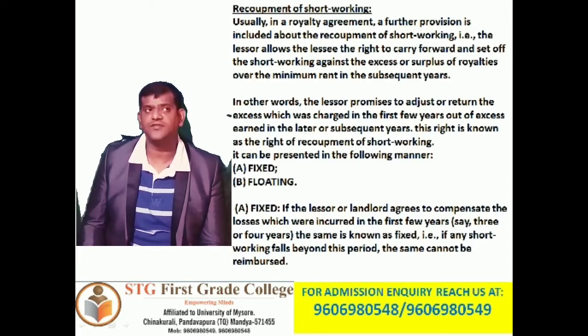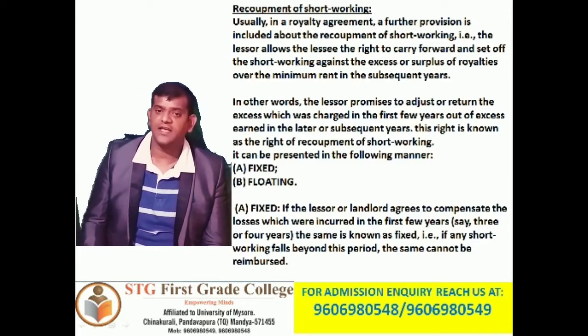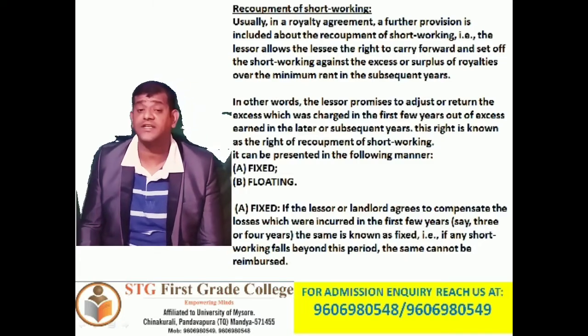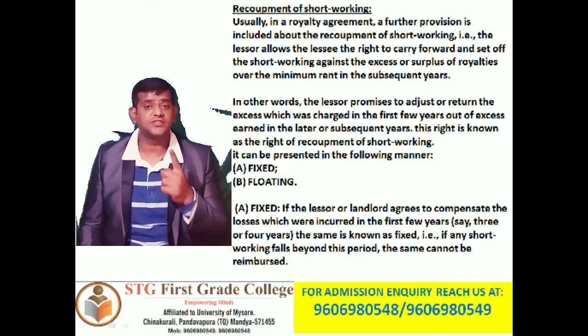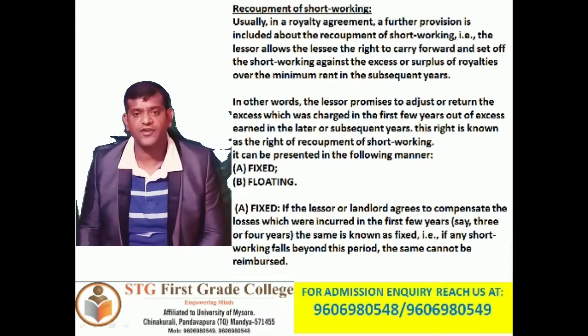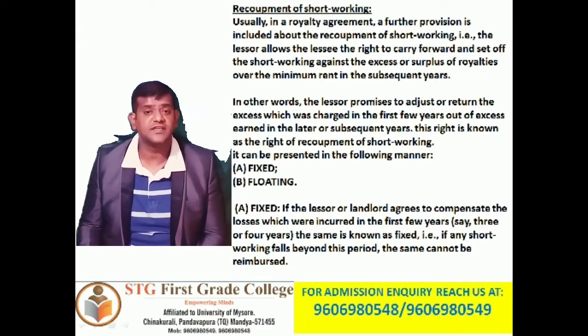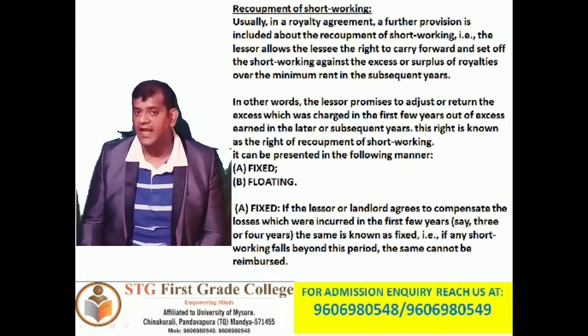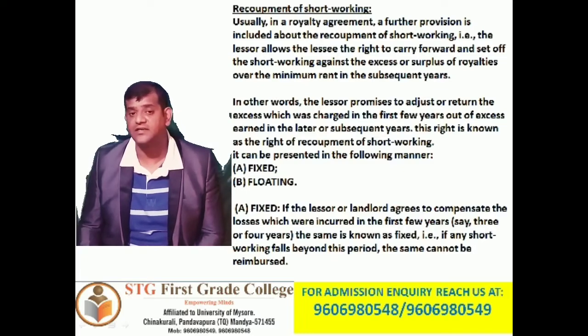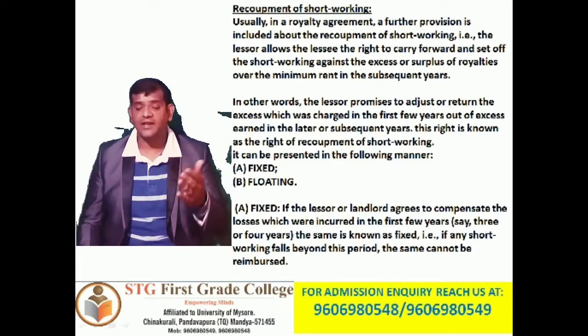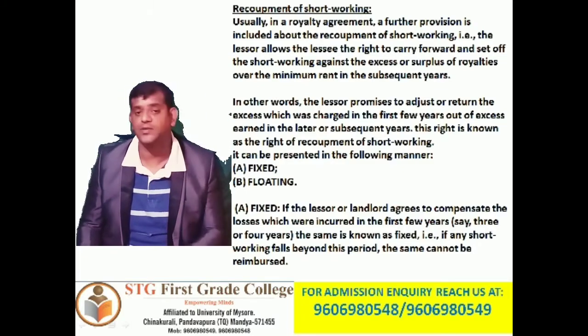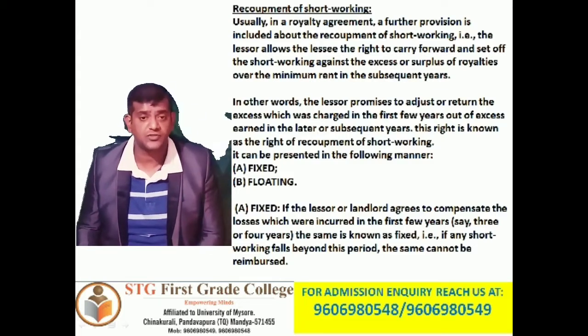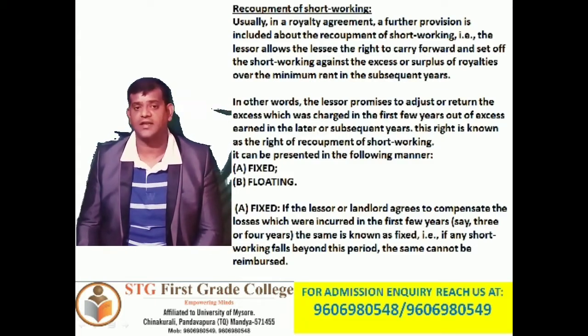In other words, the lessor promises to adjust or return the excess which was charged in the first few years out of the excess earned in the later or subsequent years. Clear? So it can be adjusted into the subsequent years. That provision is also there under the royalty account.